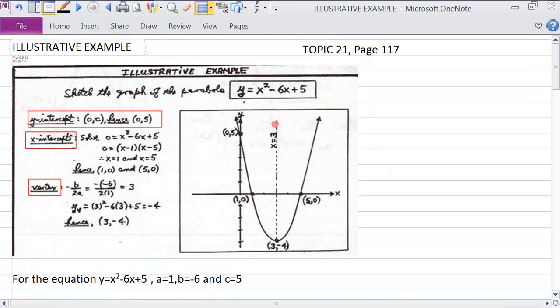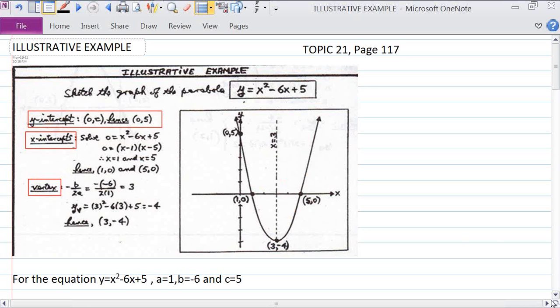So here's x equals 3. There's the equation. This is the axis of symmetry. This half here is the same as this half here. So it's symmetry, meaning that one half, the left side, is the mirror image of the right side.